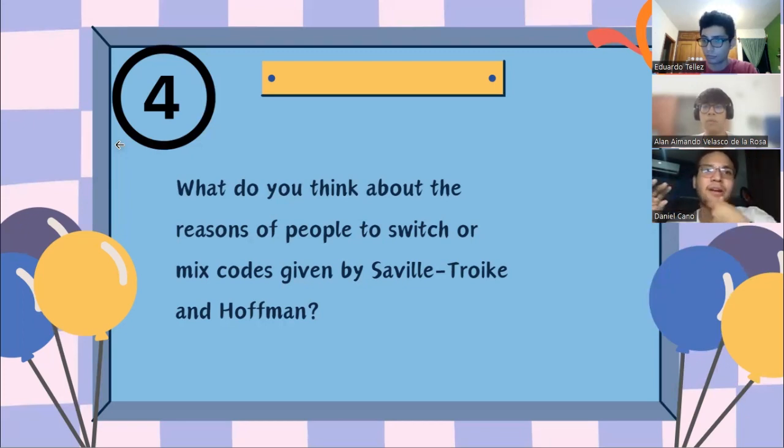So I think that when we are looking for a specific word, maybe we make this switch, because we have to say it in English or in Spanish, since this word or term doesn't exist in the other language. I like that one, because we have this part of our vocabulary that makes both languages unique.